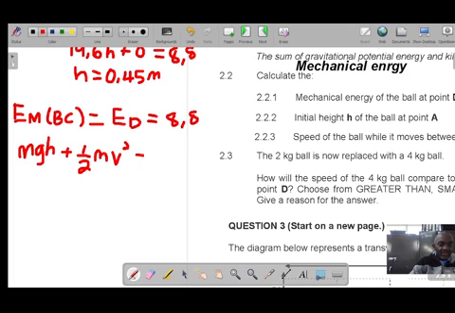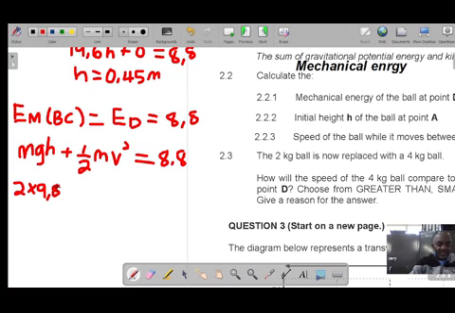That should give us 8.8. So now I'm going to substitute. The mass is still 2, times g, which is 9.8. What about our height along BC?